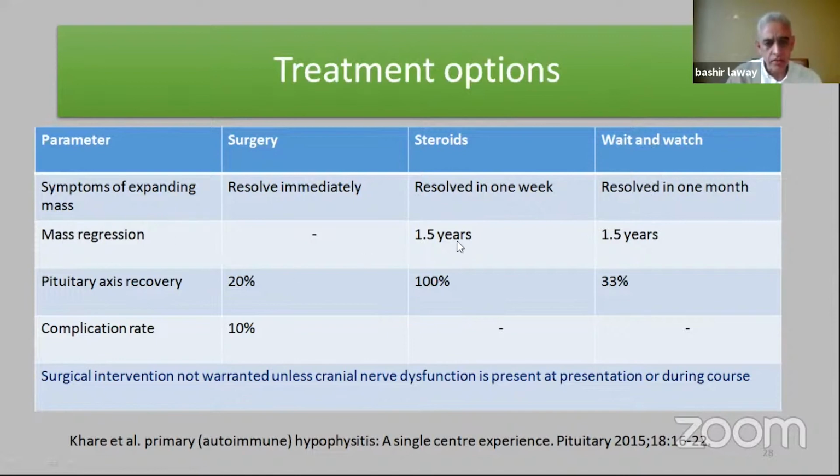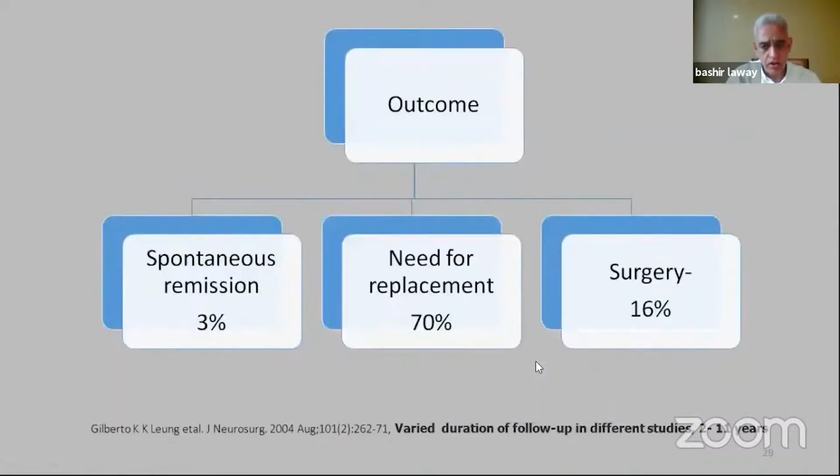Mass regression median time happens in 1 to 2 years in both steroid and wait and watch groups. How many percent of people have a recovery of axis? After surgery 20%, steroids it is said everybody, and wait and watch 33%. Complication rate obviously will be after surgery only. So surgery is not routinely needed unless cranial dysfunction is present at presentation or during the time course.